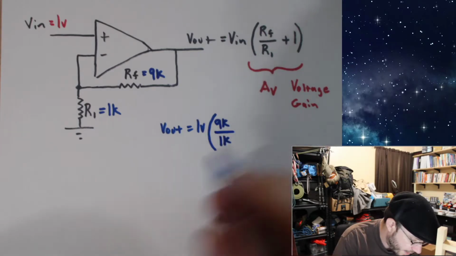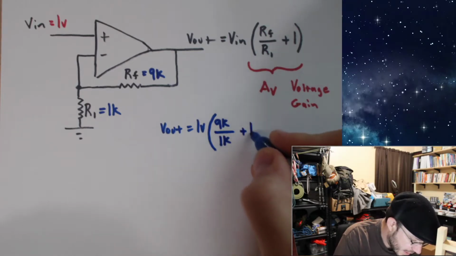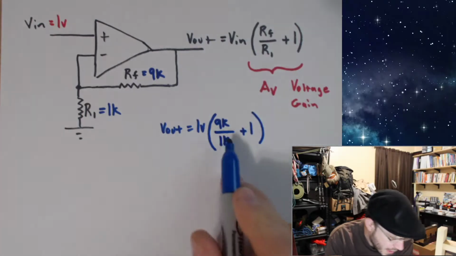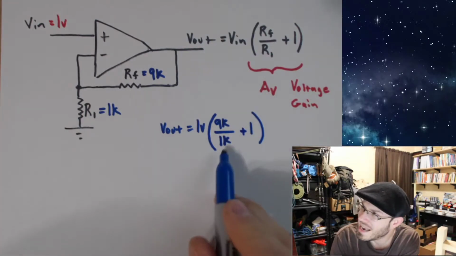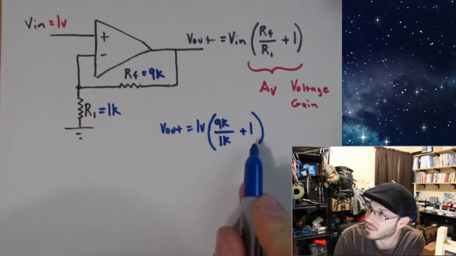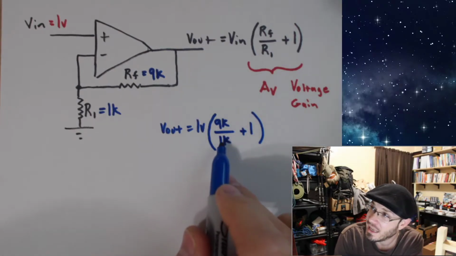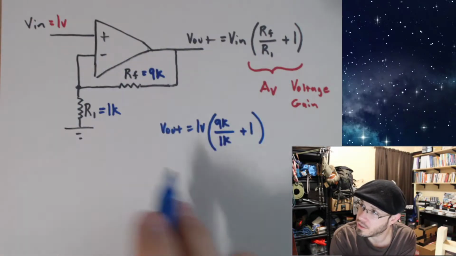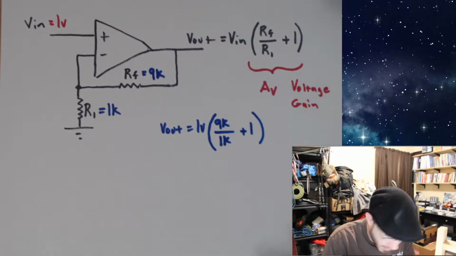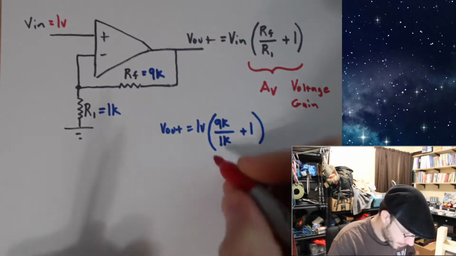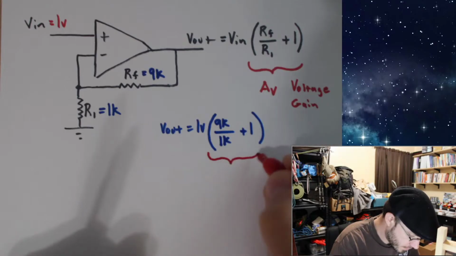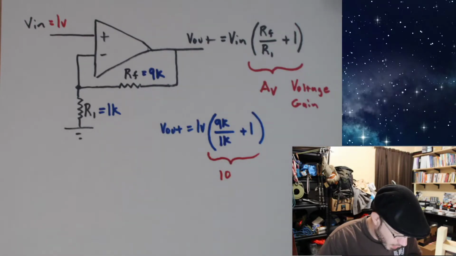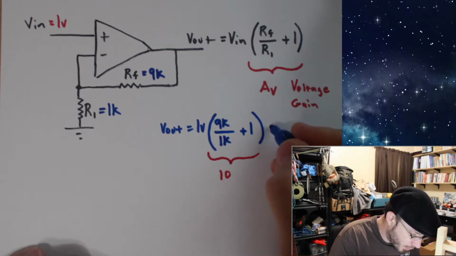R1 is 1K. And that's plus 1. Now 9K divided by 1K is going to be 9. 9 plus 1 gives us 10. 10 is our gain for this circuit. So we're going to always have this gain of 10. So what do we get at the end of the day? We get 10 volts.